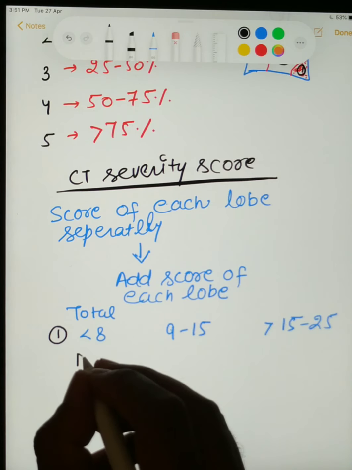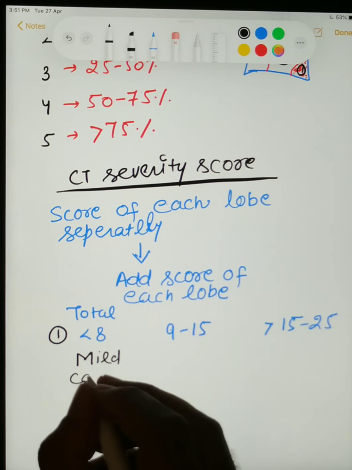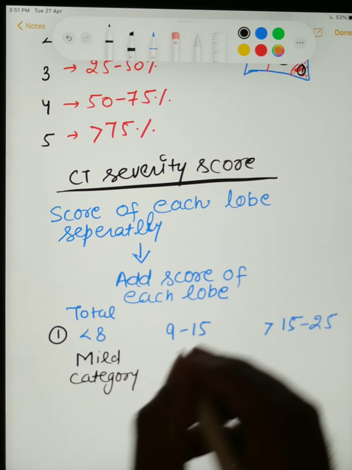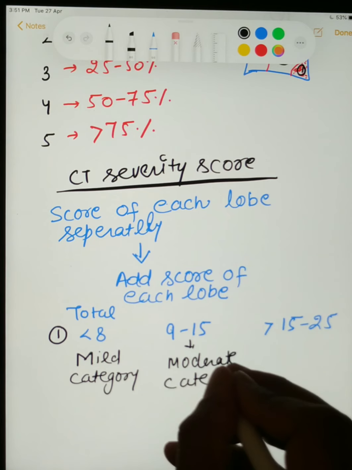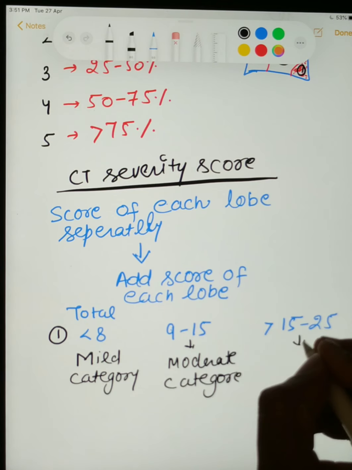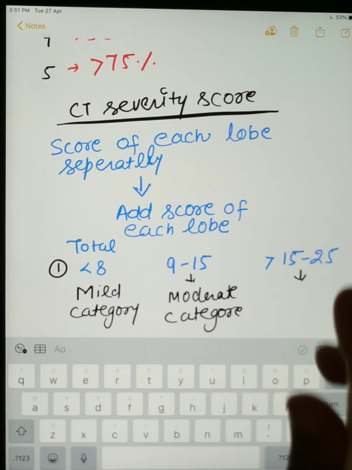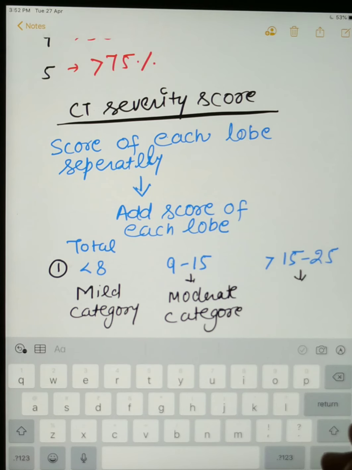Score less than 8 comes in mild category. Score 9 to 15 is moderate category, and score 16 to 25 comes in severe category.